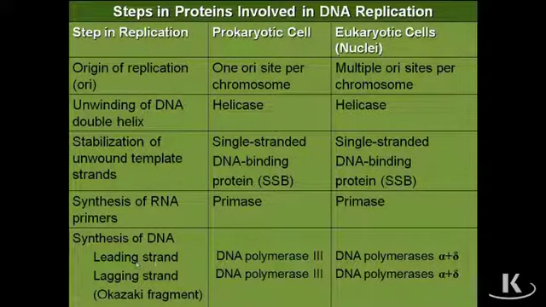In the synthesis of DNA, there's going to be a leading strand and a lagging strand. The lagging strand, as we said, is divided up into Okazaki fragments. Here's the difference you need to keep in mind. In prokaryotes, it's DNA polymerase III that does most of the replication. Not all, but most of the replication is accomplished by DNA polymerase Roman numeral 3.